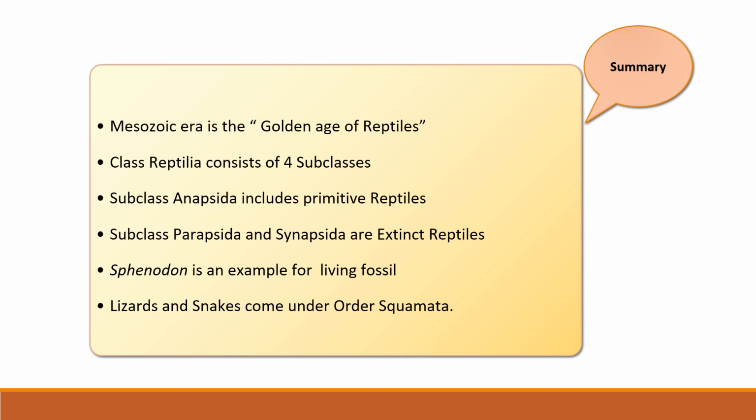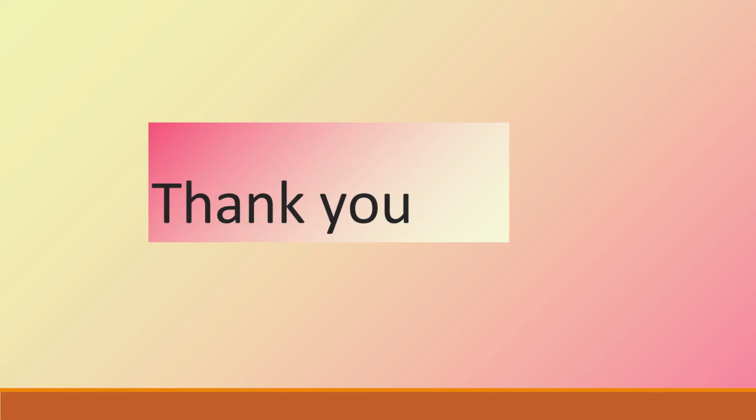Subclass Parapsida and subclass Synapsida are extinct reptiles. Diapsida consists of order Rhynchocephalia, order Squamata, and order Crocodilia. Sphenodon is an example for a living fossil. Lizards and snakes come under order Squamata. Thank you.